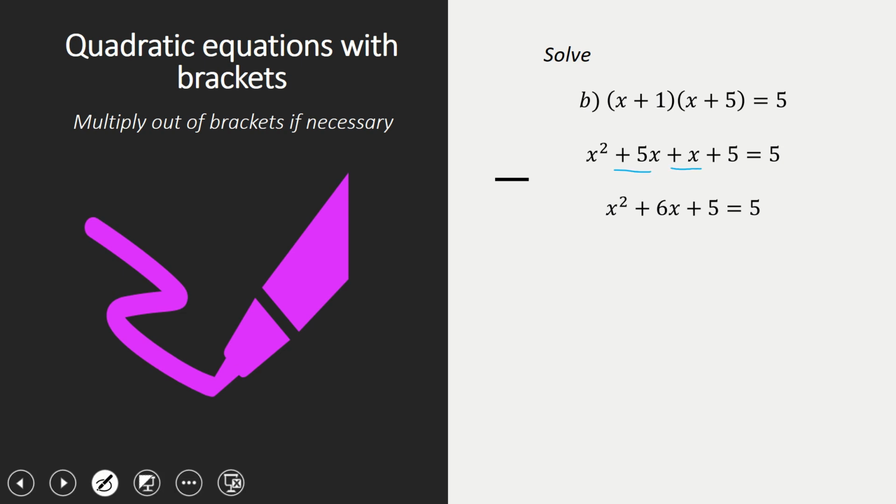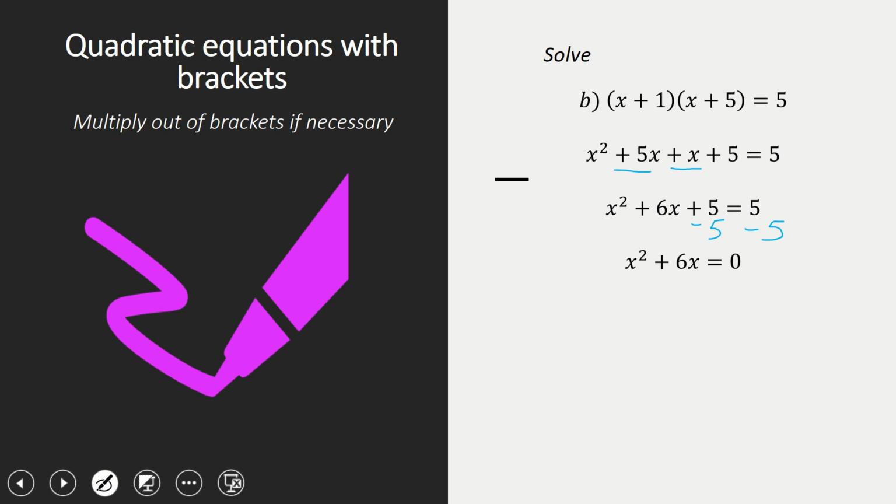So the x's. So I will get x squared plus 6x plus 5 equals 5. I want the right side to be 0, so I'm going to use a balance method. I want this to be 0, so I'm going to subtract 5. And what I do on the right side, I need to do on the left side as well, and vice versa.